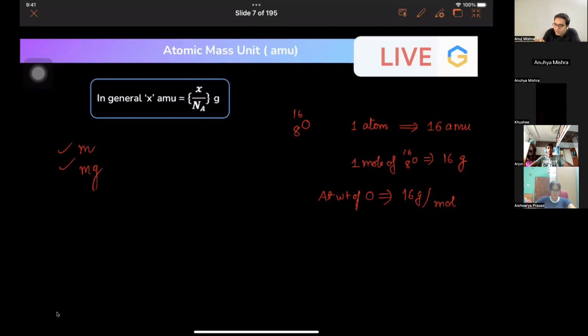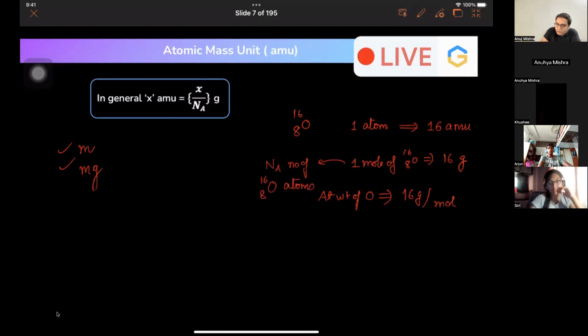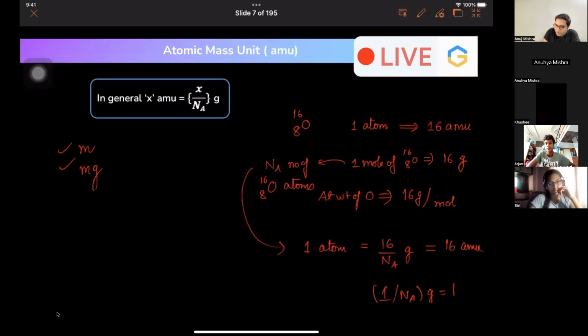Now, if this is clear, can we say 1 mole is nothing but Na number of atoms? Fine. So what is mass of one atom? Mass of one atom is 16 by Na grams, which is also known as 16 AMU. So technically, we can say 1 upon Na gram is 1 AMU.